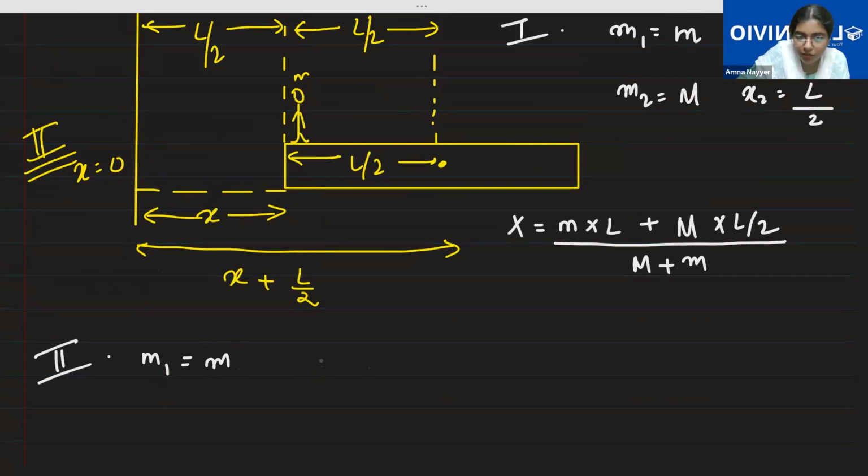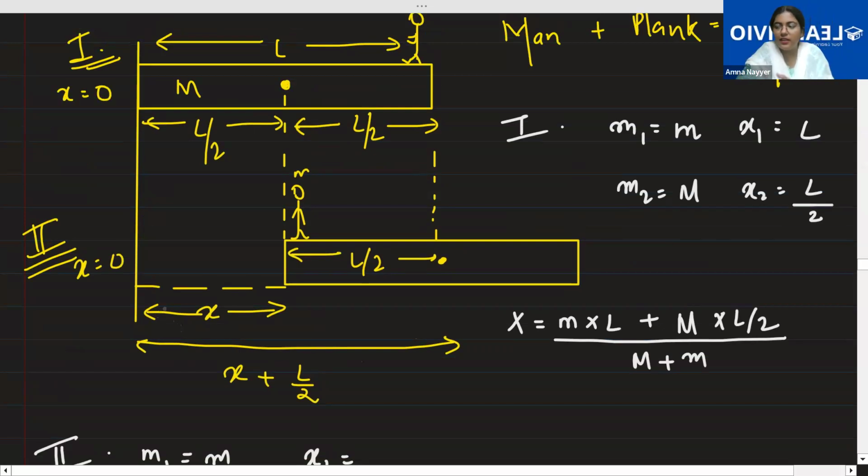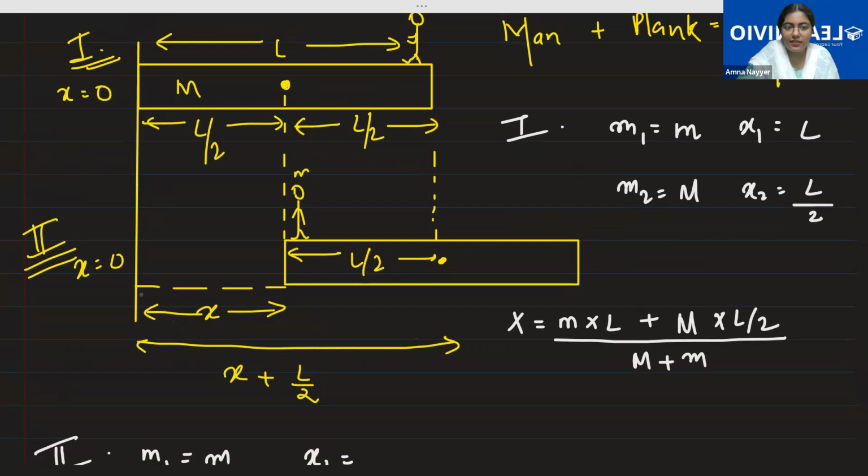Now tell me the position of the man now, from the origin. Let us assume something. Let us say that the plank has drifted by some distance x.